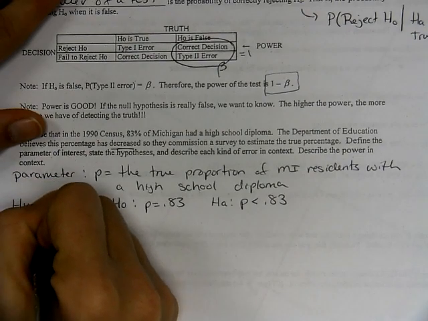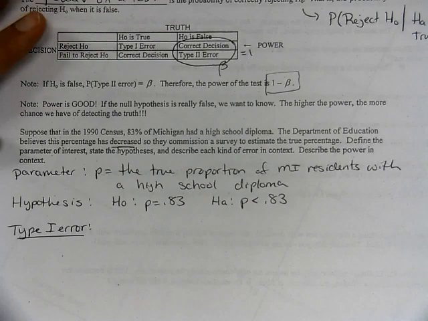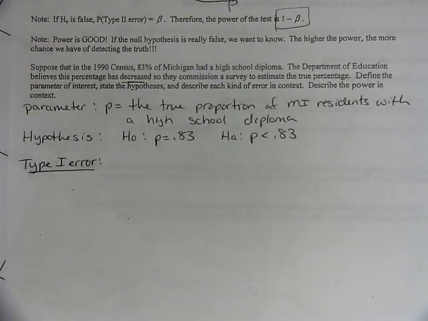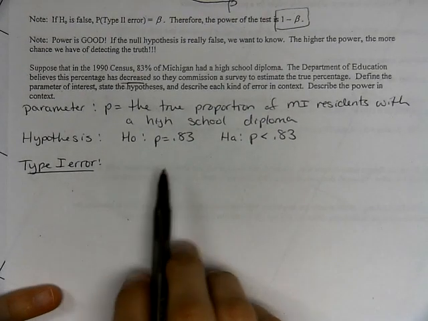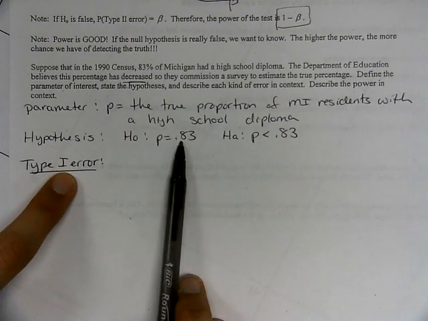So, type 1 error. Remember, you want to compare what you're saying versus what's actually happening. Okay, and you'll see when you get your quizzes back. Type 1, remember, is rejecting the null hypothesis when it's actually true.